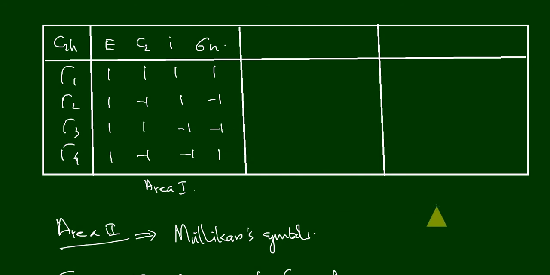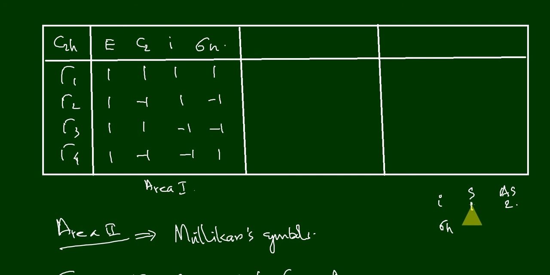You have already learned that if there is an inversion center, and if it is symmetric with respect to inversion center, then it is 1. If it is anti-symmetric with respect to inversion center, it is 2. Okay. And if you have a sigma h, if it is symmetric with respect to sigma h, then it is, sorry, I am very sorry, not 1 and 2. Here alphabetical.